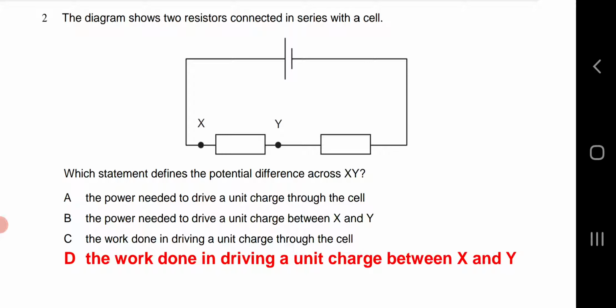Whereas in potential difference definition, the charge will move through the component. So the potential difference is across the component. It is not across the whole circuit. Okay. So the potential difference is across the component. The charge will move through that component. Okay. So next question.